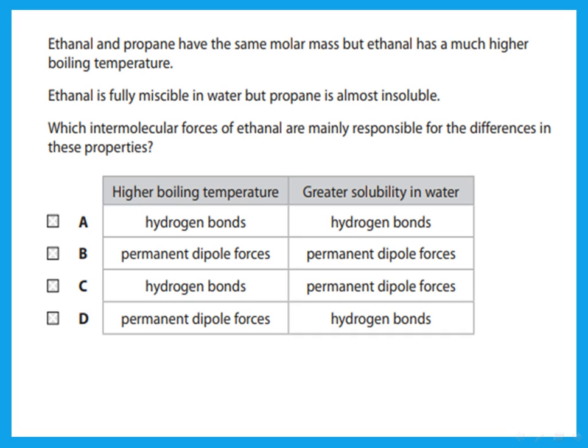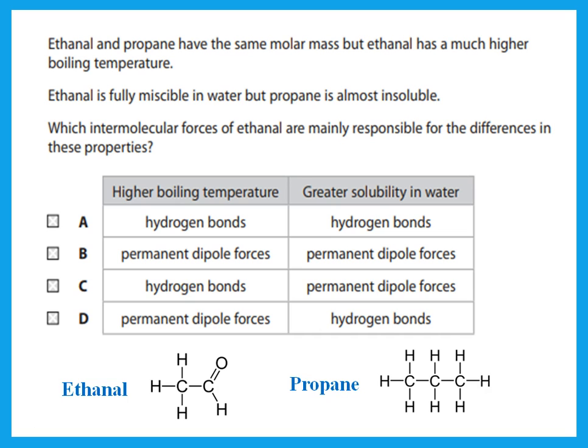Ethanal and propane. What is ethanal? Ethanal is the aldehyde that has two carbons. Propane is the alkane with three carbons. Now he's saying they both have the same molecular mass, but ethanal has a much higher boiling temperature. We said aldehydes will have higher boiling points than an alkane.